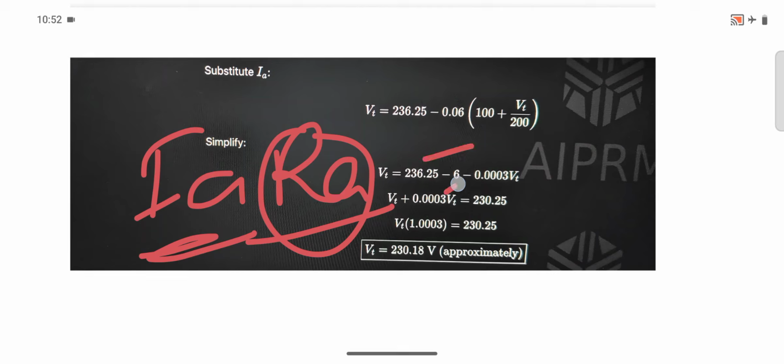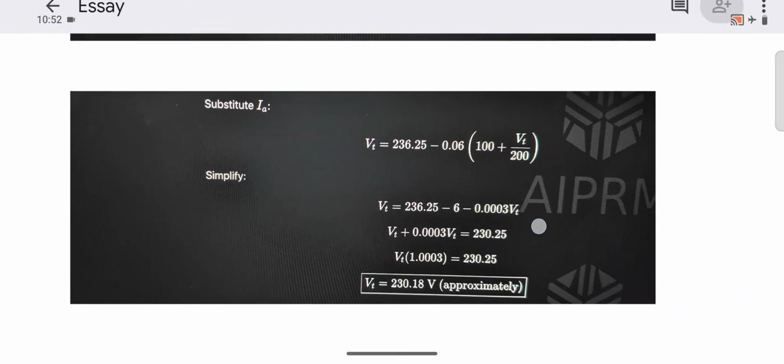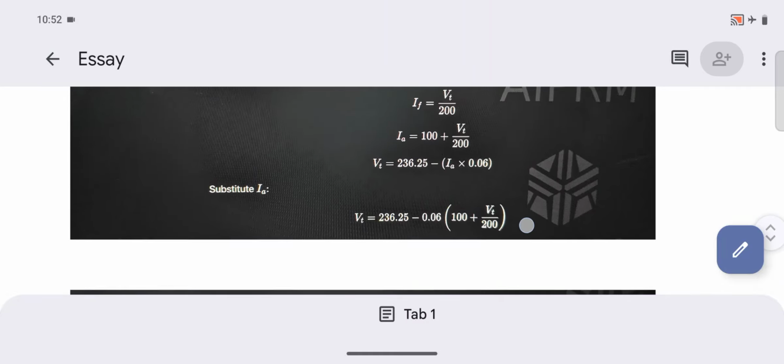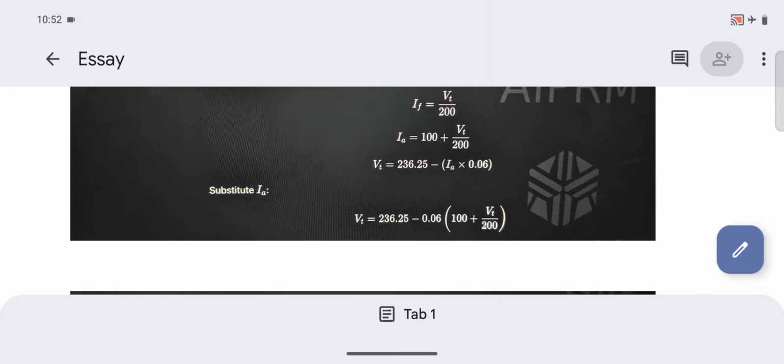Then IF is equal to, as we know, V by RF. RF we already calculated using this formula. In substituting, you can see above. I will show you. You can simply see IA, how we calculated, and how IF was calculated.